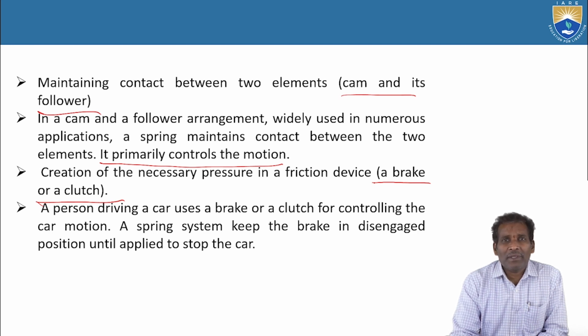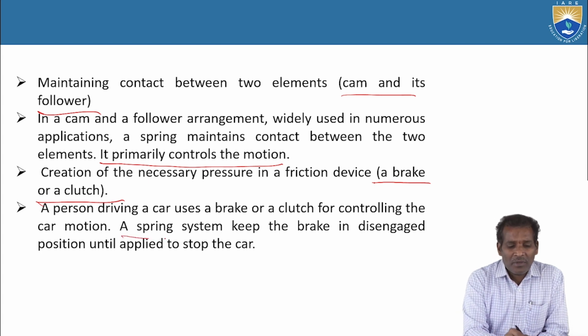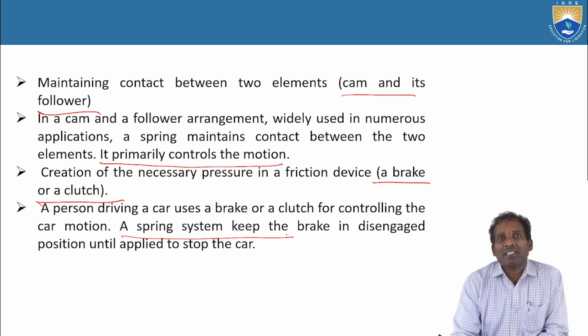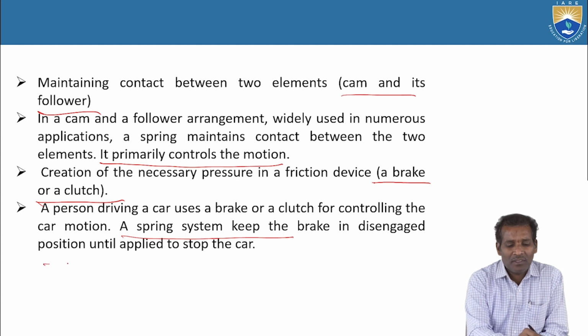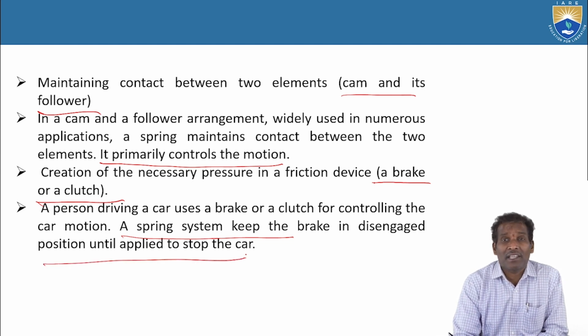A person driving a car uses a brake or a clutch for controlling the car motion. The spring system keeps the brake in a disengaged position until applied to stop the car, for engaging and disengaging.